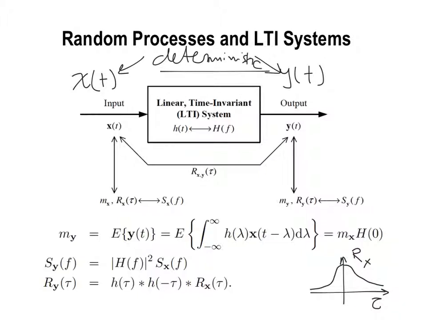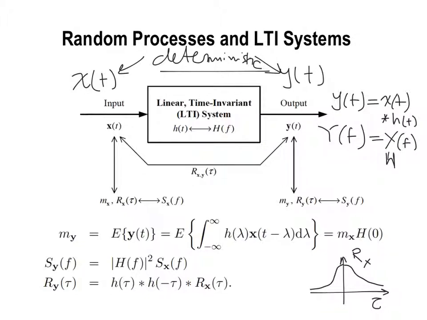In this case, I can represent y of t as a function of x of t by saying, in the time domain, y of t is equal to x of t convolved with h of t, where h of t is the impulse response of my linear time invariant system. If I go to the frequency domain, Y of f is X of f multiplied by H of f, right?